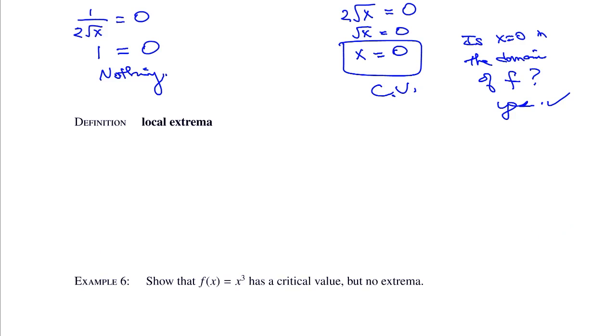Local extrema. First thing you need to know is that extrema is actually the plural of the word extremum. And there's lots of words in science and math where we take a word that ends in um and make it plural by changing that to an a. Your favorite example is bacteria. You have 2 bacteria, you have 1 bacterium, right?